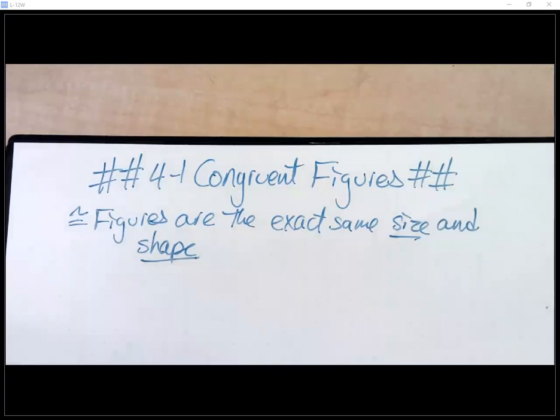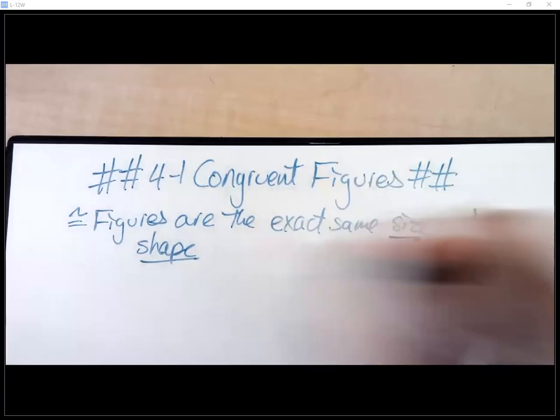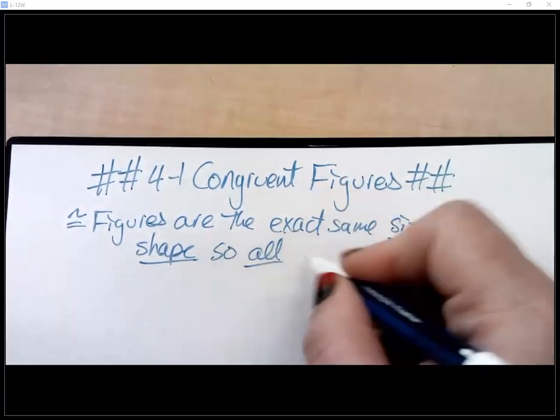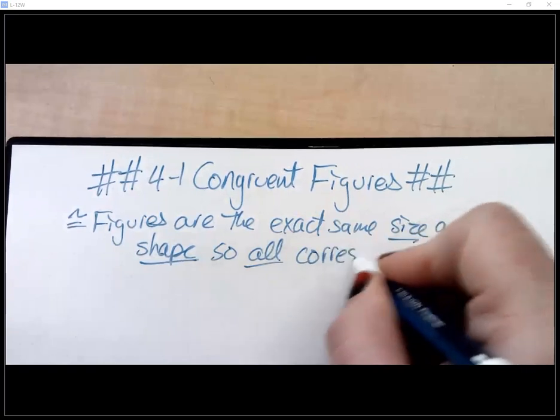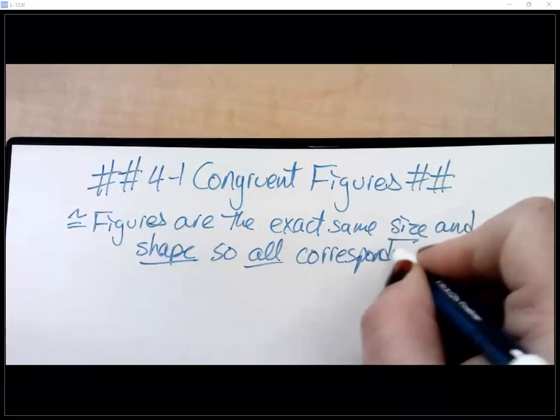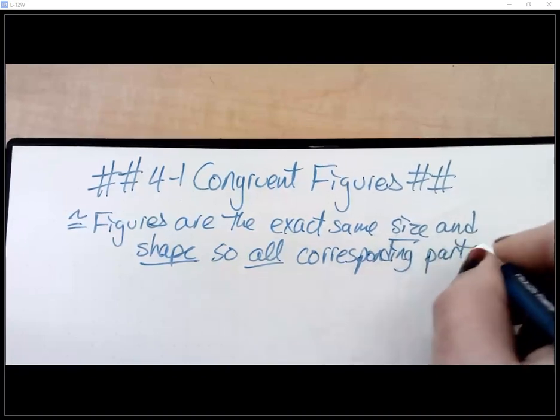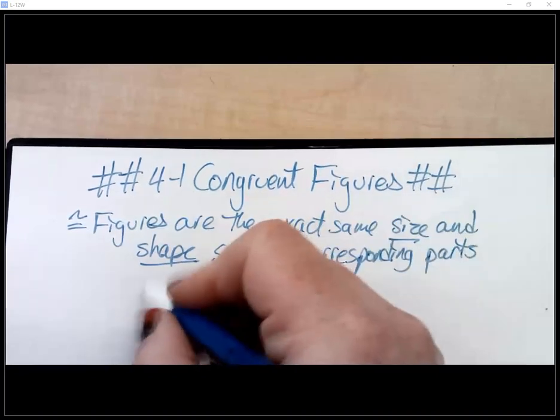This also doesn't mean that all triangles are congruent because they would literally have to be carbon copies of each other. So if one's the right triangle, the other one has to be, all their sides would have to match up, all their angles. So we can also say, so all corresponding parts must be congruent.